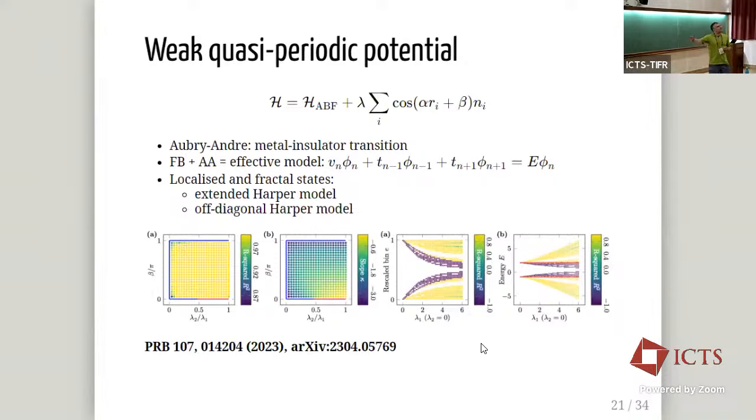As we increase the strength of the disorder, so as we go from infinitesimal disorder to finite disorder, the critical spectrum turns into mobility edges from localized states to critical ones, which in some cases even persist up to arbitrary strength of the potential.